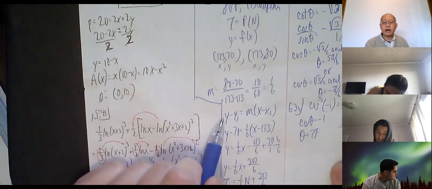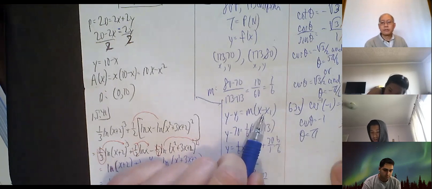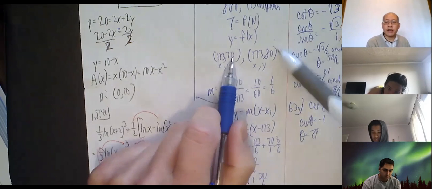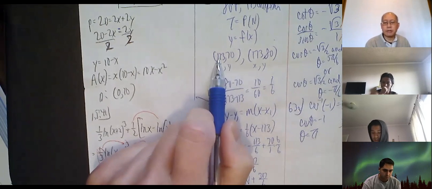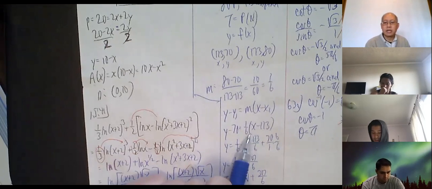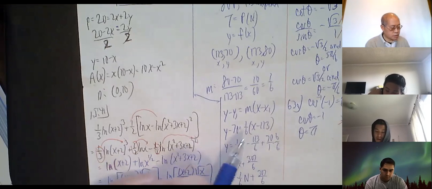All right, so y minus y1 equals m times x minus x1. The m is 1/6. Okay, you can pick either point. I'll pick this one because the numbers are a little bit smaller. So y minus 70 equals 1/6 times x minus 113.